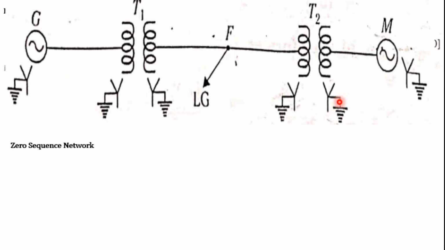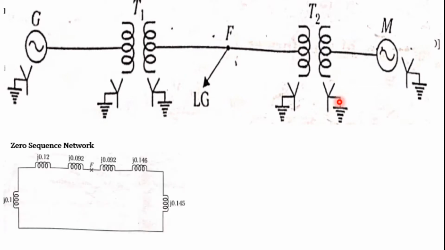So to draw the sequence network diagram, there is a series connection from the generator to the transformer T1, then the transmission line, the transformer T2, and the motor. The motor is solidly grounded through a ground point. Hence everything is connected in series, and there is a fault at this point. Based on this diagram, we are going to draw the zero sequence network diagram.